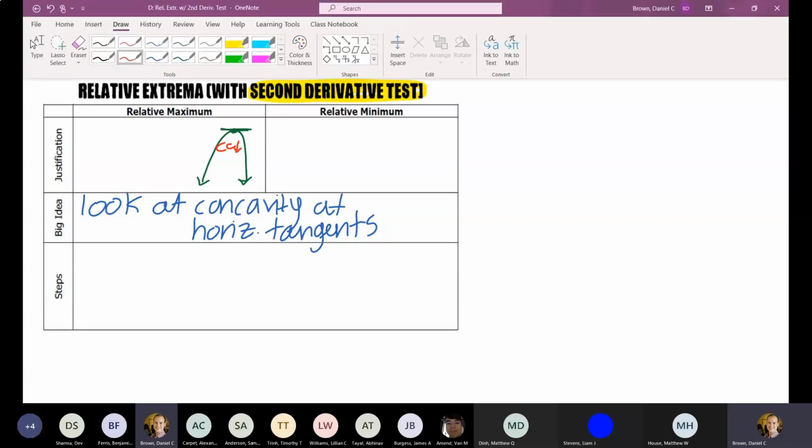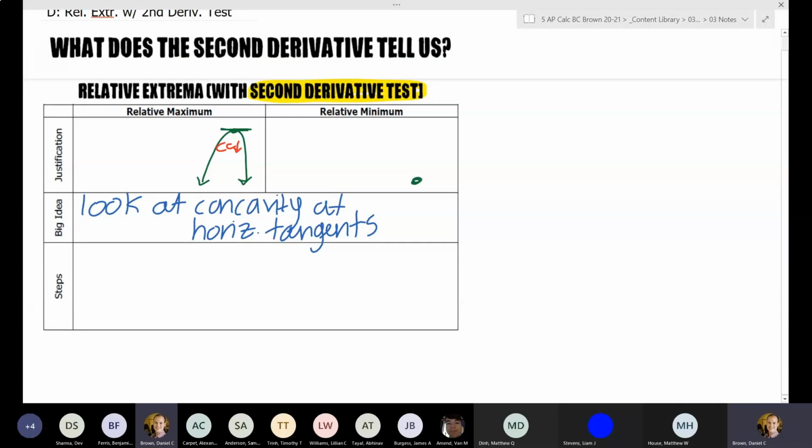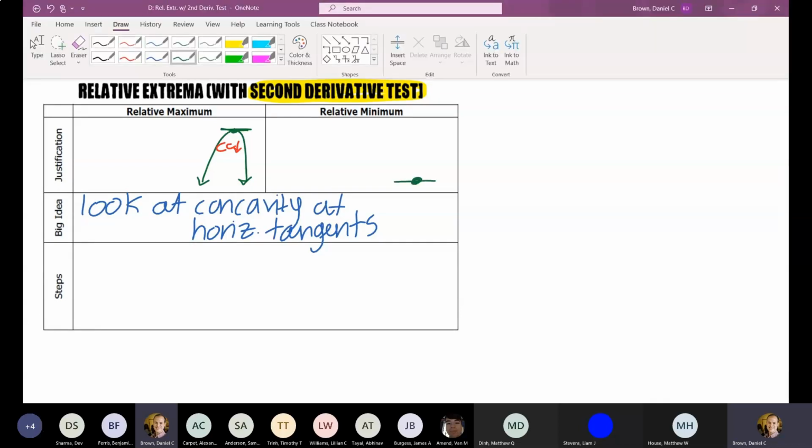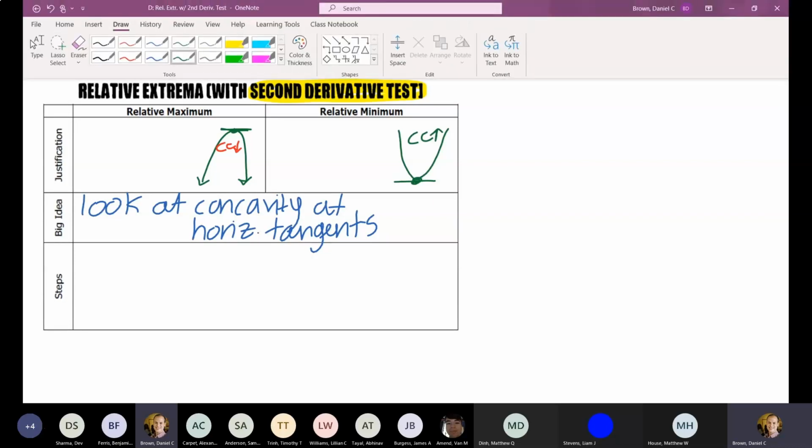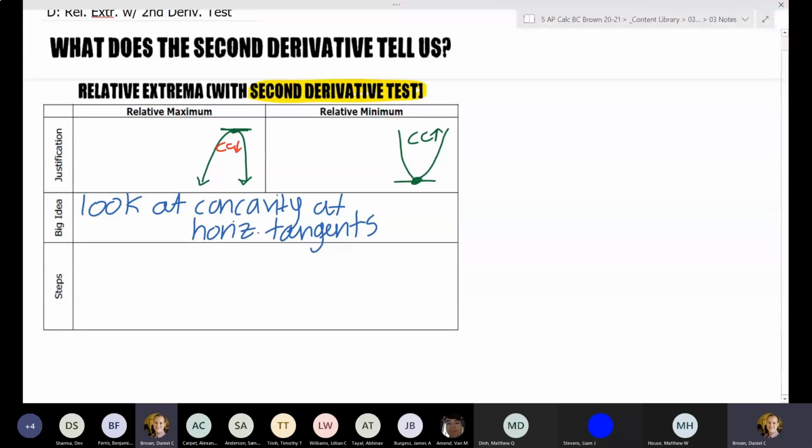Likewise, if you have something that's a minimum, so imagine that this point's a minimum and we know that it has a horizontal tangent line, in order for it to be a minimum, that function is going to have to bend upwards at that tangent line, and it's going to have to be concave up at that location. So the justifications for the second derivative test do have two parts that you have to mention. If it's a relative maximum, you have to state clearly there you have a horizontal tangent by stating that f prime of a is equal to 0.